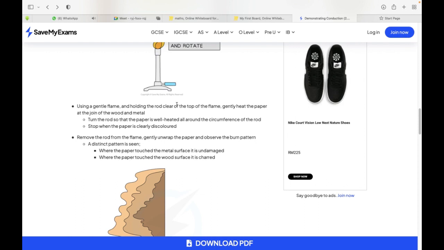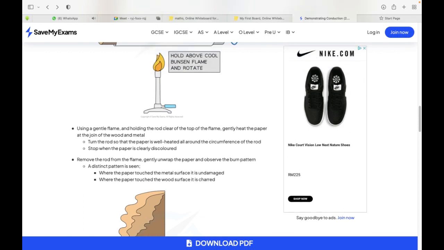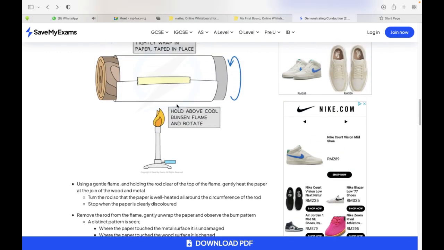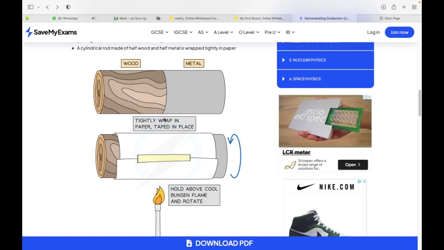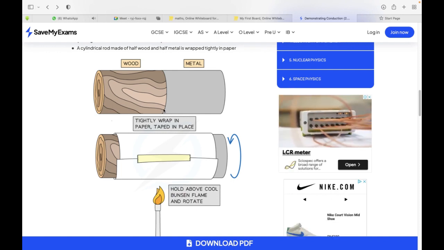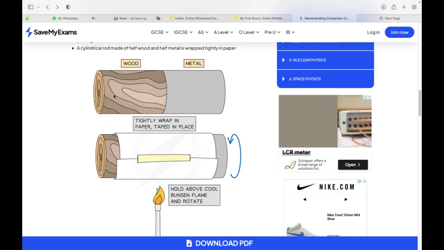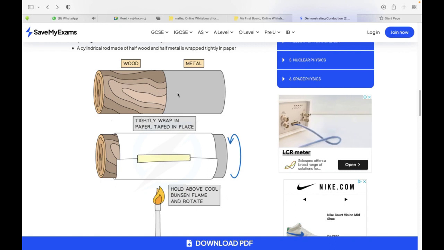So you're going to supply the heat just at the junction between the wood and the metal. The junction, that's the joint. Under here is where we're going to supply the heat, and we see how the heat spreads to both sides, the wood side and the metal side.